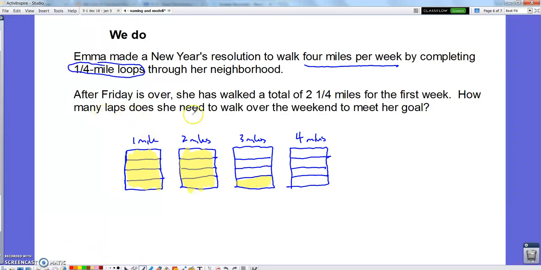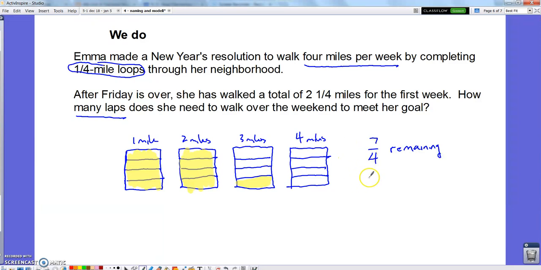My question is, how many laps does she need to walk over the weekend to meet her goal? Not how many miles, how many laps. So I can look here and say that she has 1, 2, 3, 4, 5, 6, 7/4 left to go. 7/4 remaining that she has not walked.